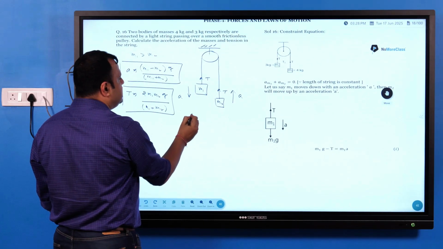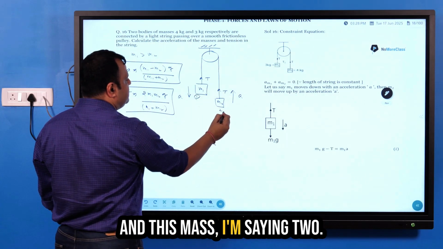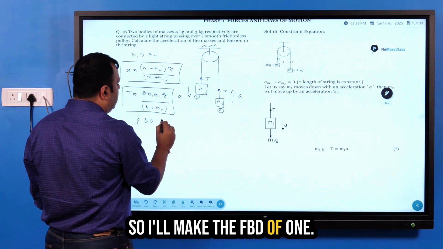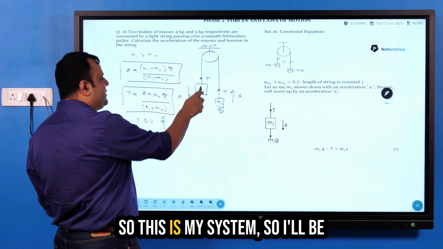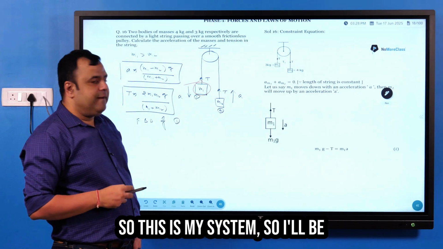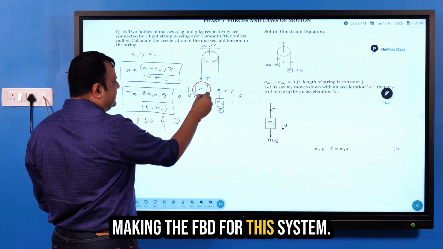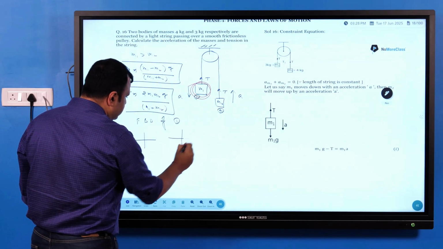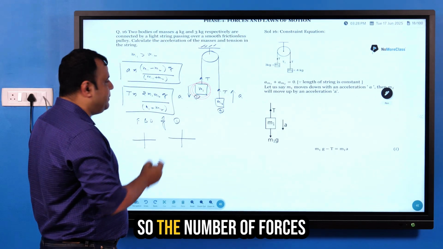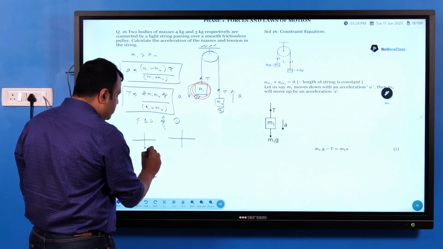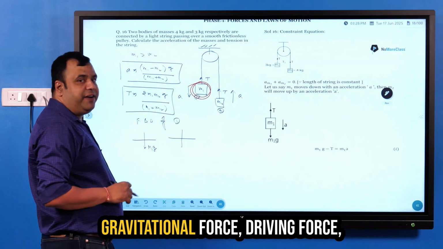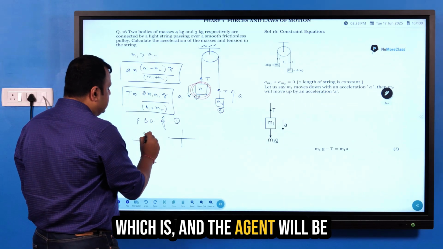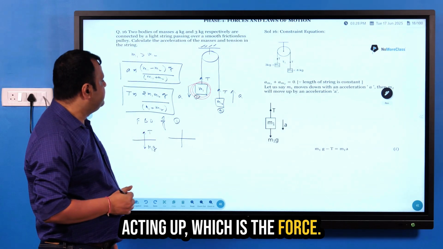Okay. So this mass I'm saying 1 and this mass I'm saying 2. So I'll make the FBD of 1. So this is my system. Let's make it. The number of forces acting on it is 2. So M1G will be acting downward, the gravitational force, the driving force, and the tension will be acting up, which is a resisting force.